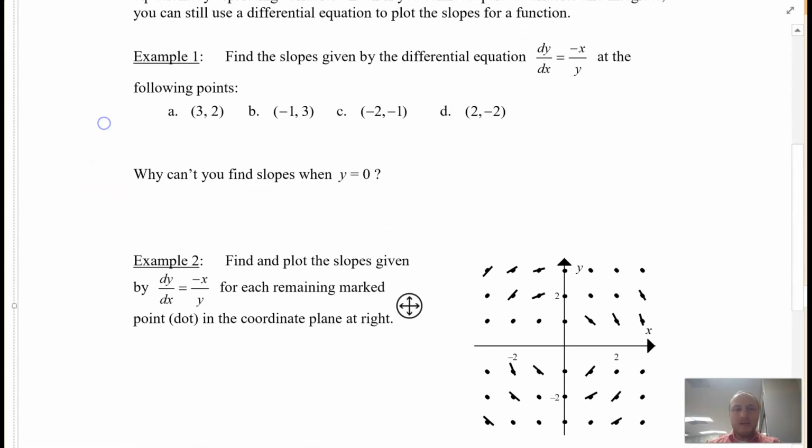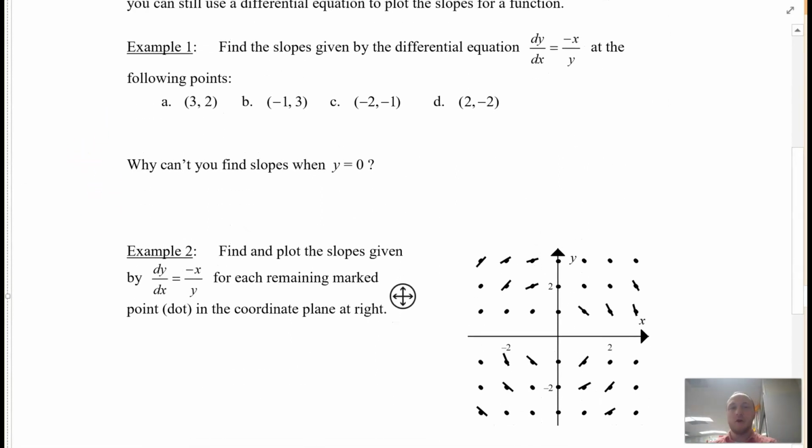Example 1 says find the slopes given by the differential equation dy/dx, so that's the slope, is equal to negative x over y at the following points. They give us points, and these points represent an x and a y. So if the slope, dy/dx, is negative x over y, then for a my slope would be negative 3 over 2.